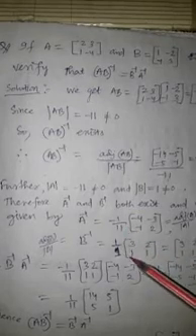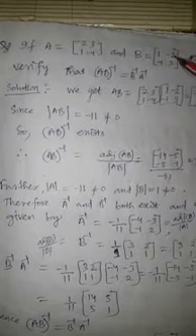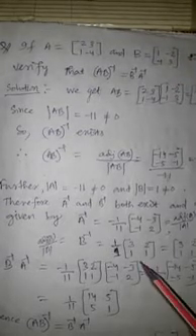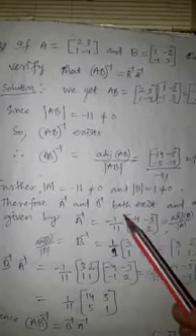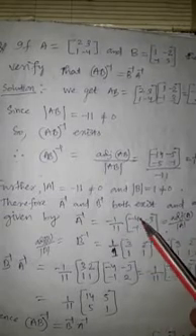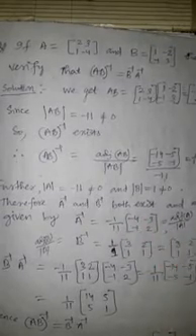Here the determinant value of B is equal to 1. How? That is 3 minus 2, that is equal to 1. So divide by the determinant value. That is B inverse [3, 2; 1, 1], and A inverse is equal to minus 1 by 11 times [-4, -3; -1, 2].